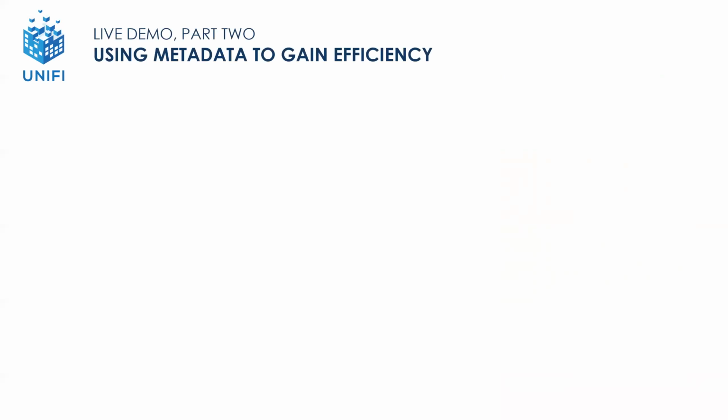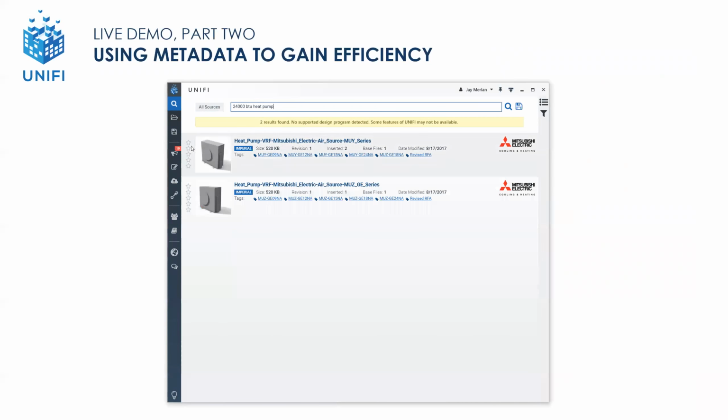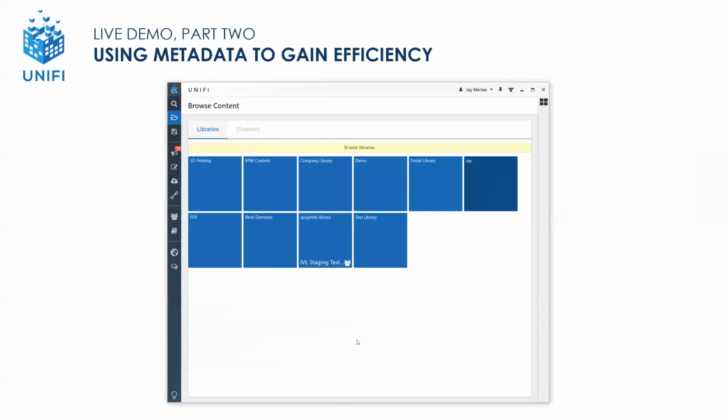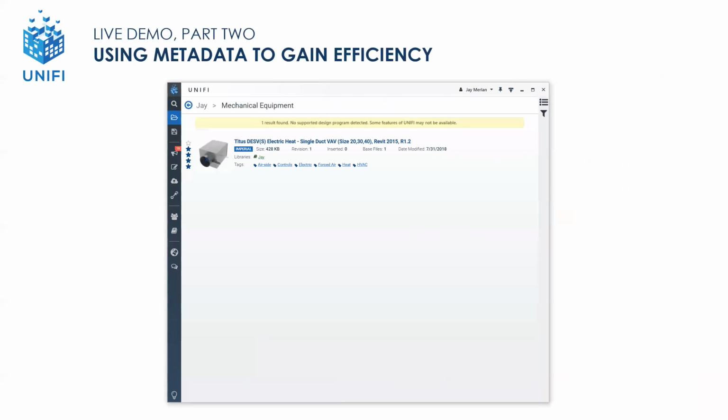All right, so moving on to part 2, using metadata to gain efficiency. I'm going to go back to my library, and we'll look at mechanical equipment as just an example here. Right away here, and again, we're talking about metadata, you're seeing some metadata that Unify Core is reading.